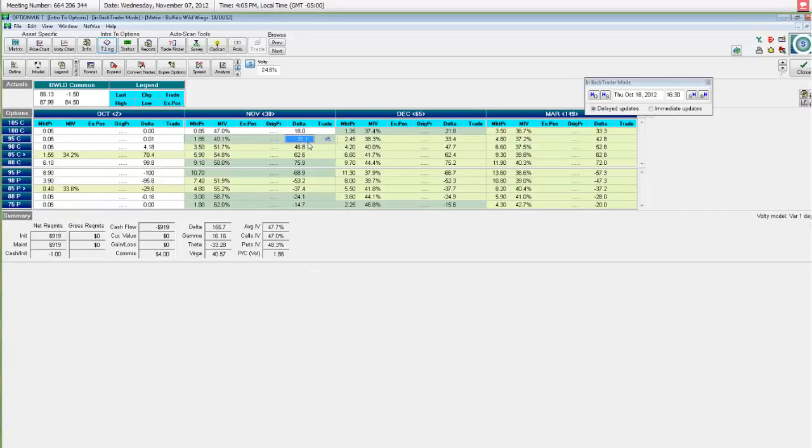If you look at this little number right here under delta, delta describes how much the option is going to move in price for a 1-point move in the underlying asset. The underlying asset right now is Buffalo Wild Wings. So if Buffalo Wild Wings goes up $1, this call should only go up about one third of that, so about 30 cents.